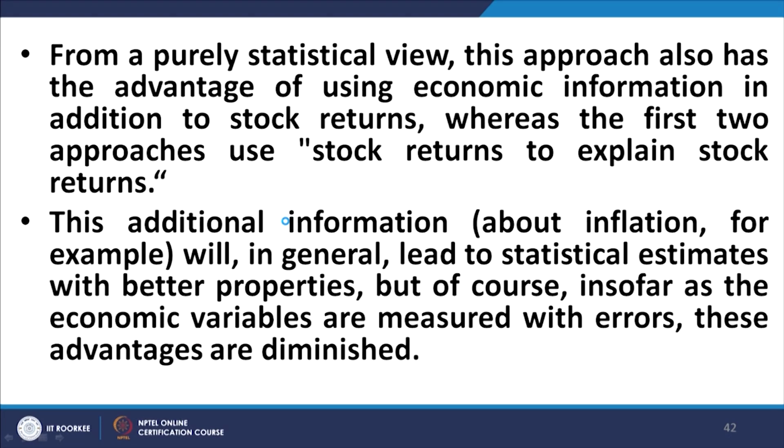From a purely statistical view, this approach also has the advantage of using economic information in addition to stock returns, whereas the first two approaches were trying to explain stock returns by using the stock returns. The additional information about inflation etc. will in general lead to statistical estimates with better properties, but of course, insofar as the economic variables are measured with errors, these advantages are diminished.